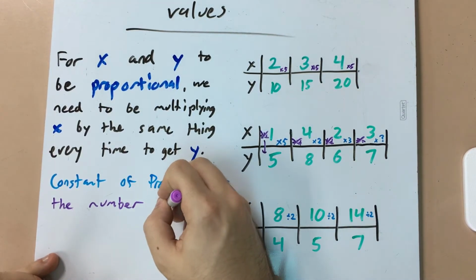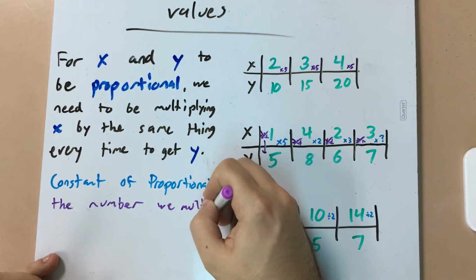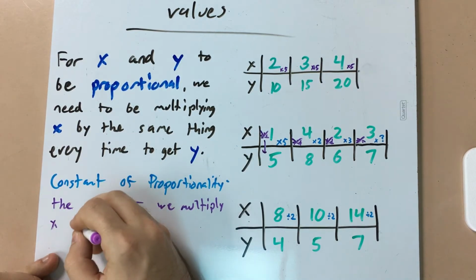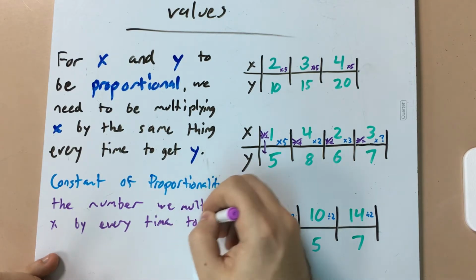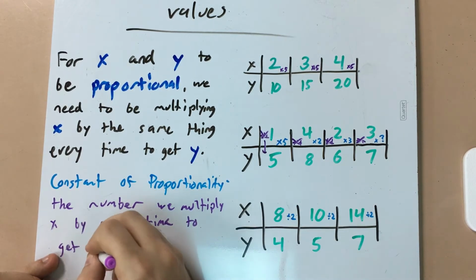And that's just the number we multiply x by every time to get y.